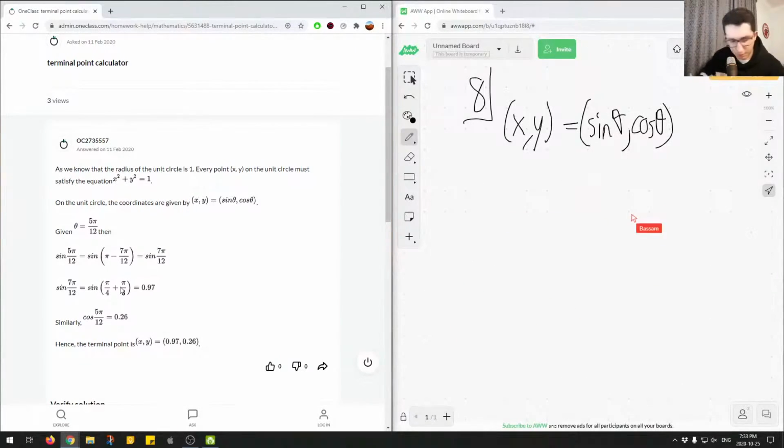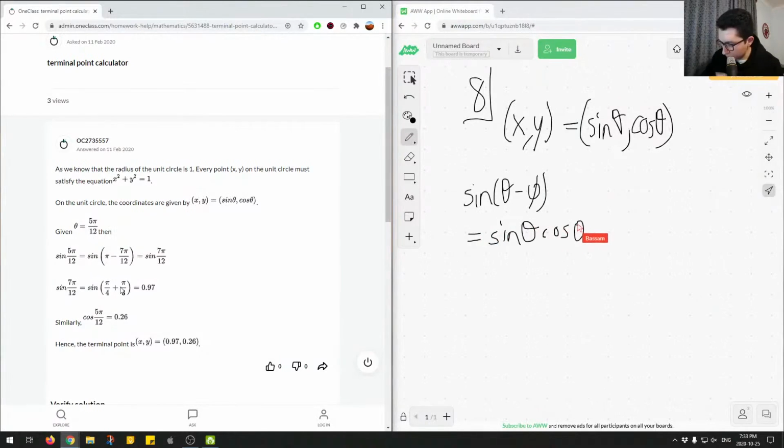The identity that we're looking at is as follows: sine of theta minus this symbol is equal to sine theta cos this symbol, minus cos theta sine this symbol. I don't know what this symbol is called, but it just looks like that. This is the conversion that they're using to convert sine 5 pi divided by 12.